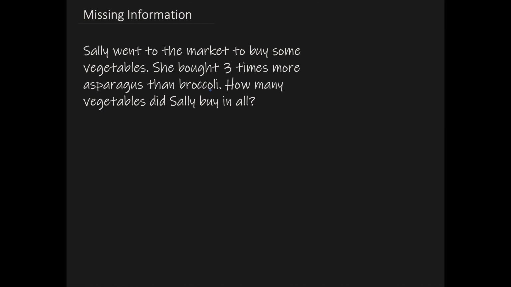Can we figure this out? Let's check. What's the question here? How many vegetables did Sally buy in all? So we have to figure out a total. Now we also have to figure out 3 times more asparagus than broccoli. So asparagus equals 3 times broccoli, and broccoli equals unknown.